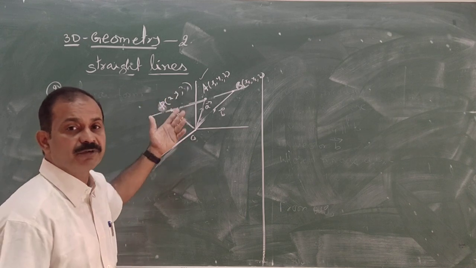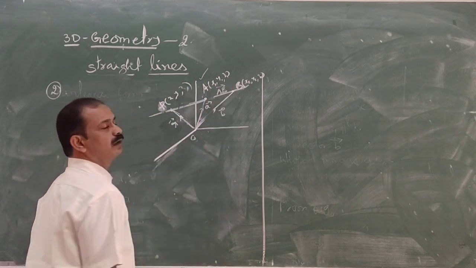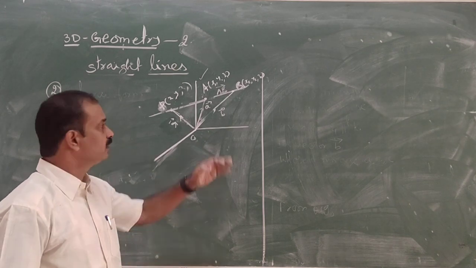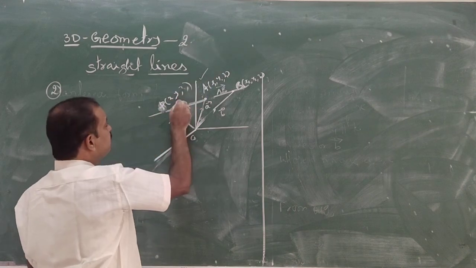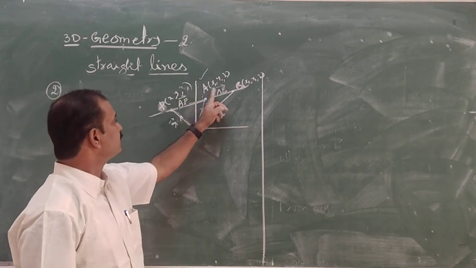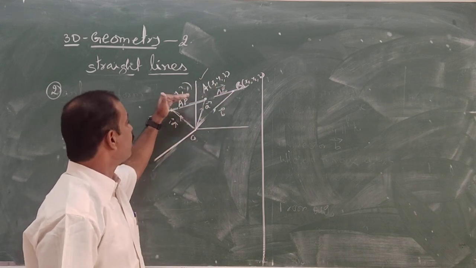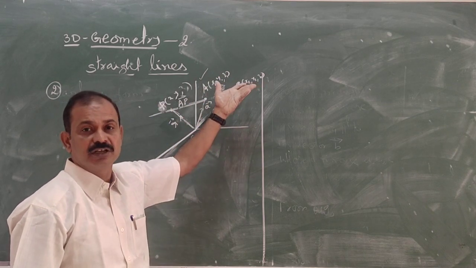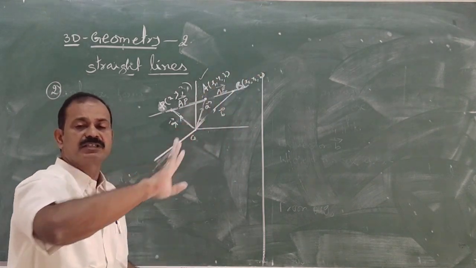How do you find the parallel vector? Take the vector AB, and here P is any general point. Like the previous one, you can take AP as another vector. Both vectors are lying on the same straight line, therefore they are parallel to each other. Therefore AP is parallel to AB. That's all, like the previous one.